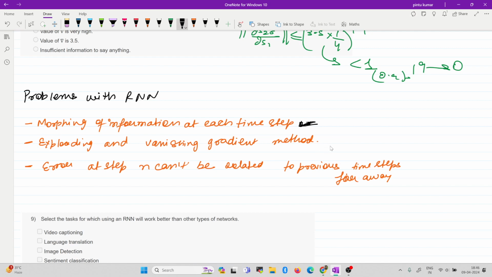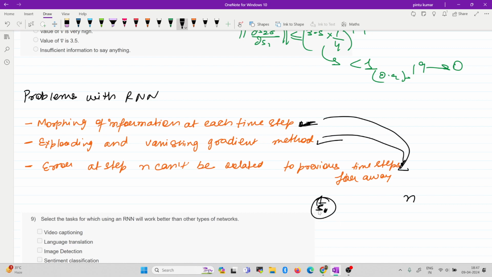Second drawback we just discussed is the exploding and vanishing gradient problem that we see in RNNs. As an impact of my first point, because we are morphing information on each other, and because there is a vanishing gradient problem, let's say if you see some error on step n, you can't very well estimate what is the error at step n because of S1.